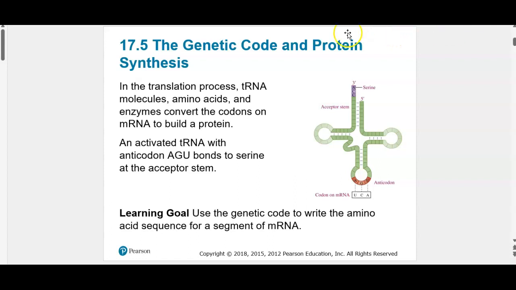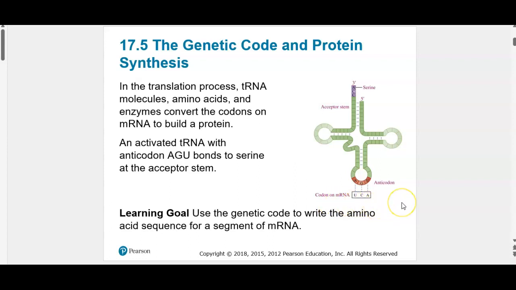And this particular one has an anticodon, as they put it, over in that little red, the 3 nucleotides marked in red. So it's AGU, and remember we're in RNA now, so we don't have thymine anymore. We have uracil.